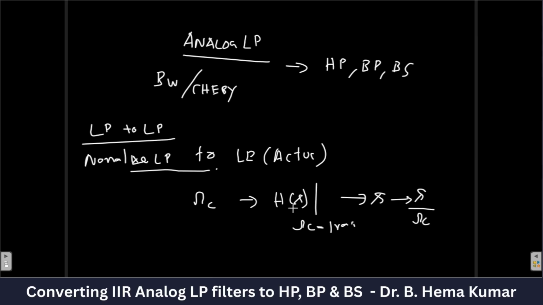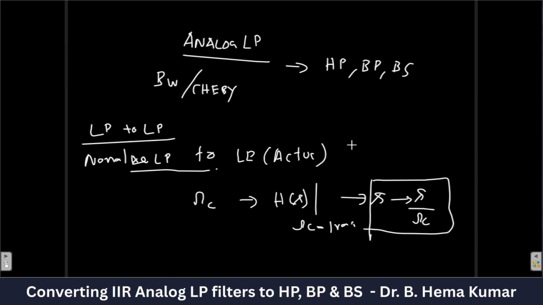So you take the normalized transfer function that we got in our Butterworth filter and replace s by s by omega c. This is the transformation to convert your normalized low pass filter into an actual low pass filter.